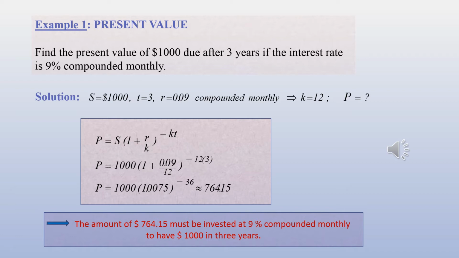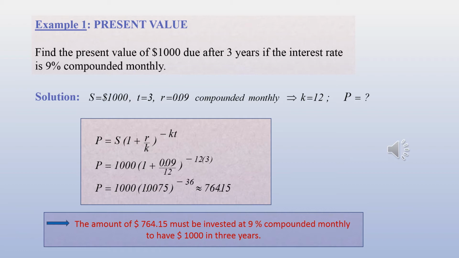What is P? So we are going to use the formula that we discussed previously. P is equal to S multiplied with (1 plus R over K) to the power of negative KT. We substitute all the information of the variables that we have here: S, T, R, and K. So P equal to 1000 multiplied with (1 plus 0.09 divided by 12) to the power of minus 12 multiplied with 3.